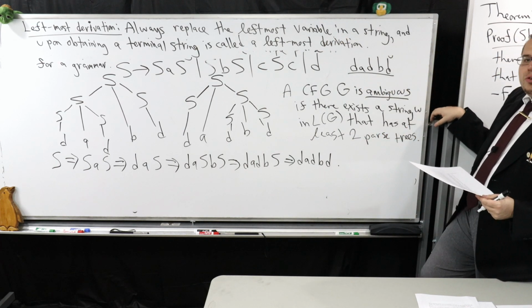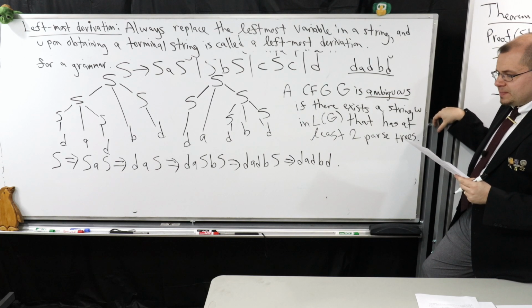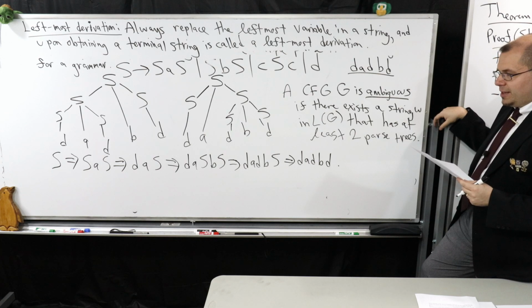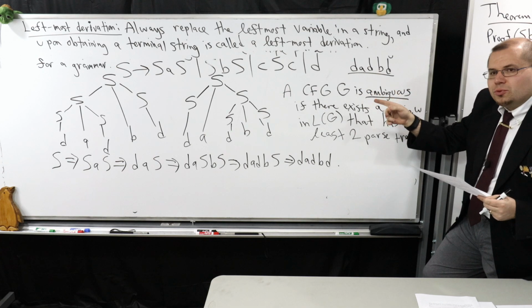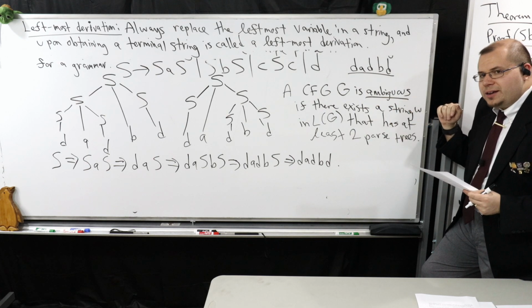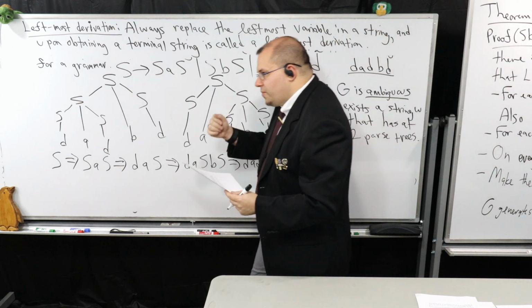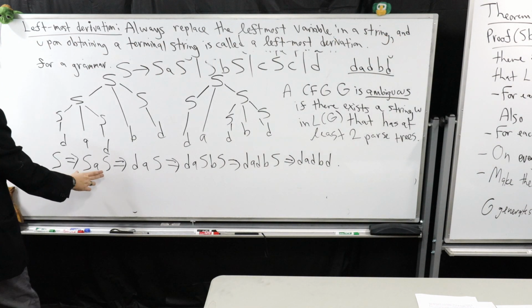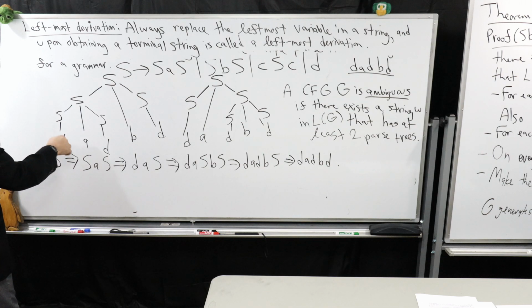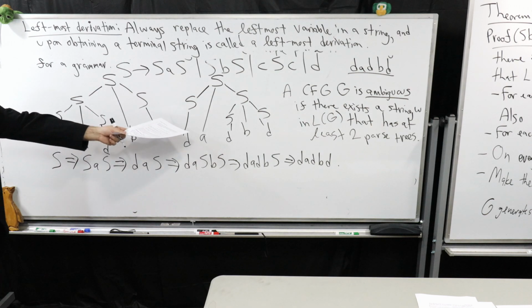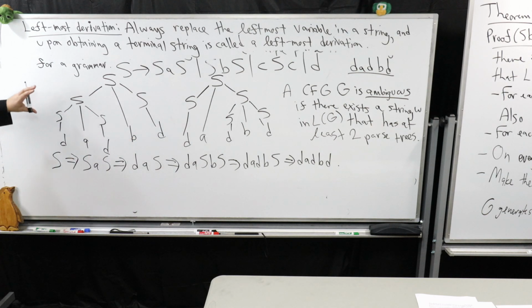So if you actually walk through this process, instead of doing it the way I did before, where I just picked rules and derived the parse tree, what I could have done is another leftmost derivation, where instead of using the S rule, I use the SBS rule, and I can follow through the exact same process I did when I did this parse tree. In fact, if you're curious, both of these parse trees were done through leftmost derivations.